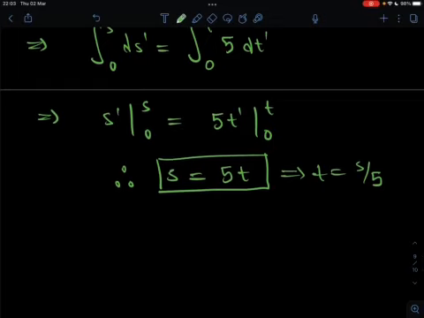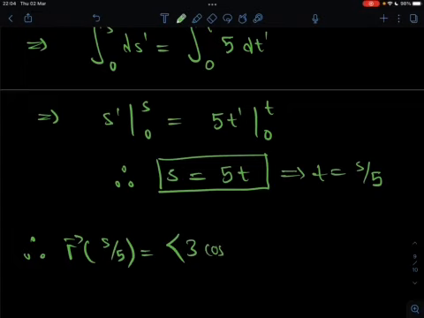So we get r of s over 5, which is 3 cos s over 5, 3 sin s over 5, and 4s over 5. So this is the arc-length parametrization.